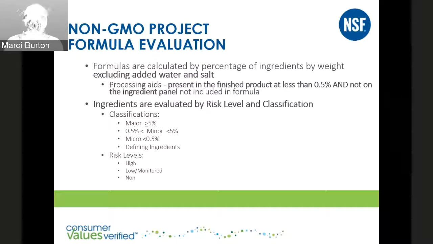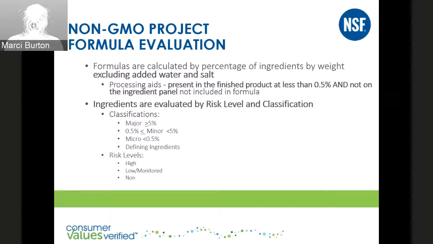The ingredients for the non-GMO project evaluation are evaluated on two different levels, by risk level and by classification. The classifications are based on the percentage in the finished product. The major ingredients are going to be ingredients that are more than 5%. If they're less than 5% but greater than 0.5%, that's called a minor, and anything less than 0.5% is a micro.